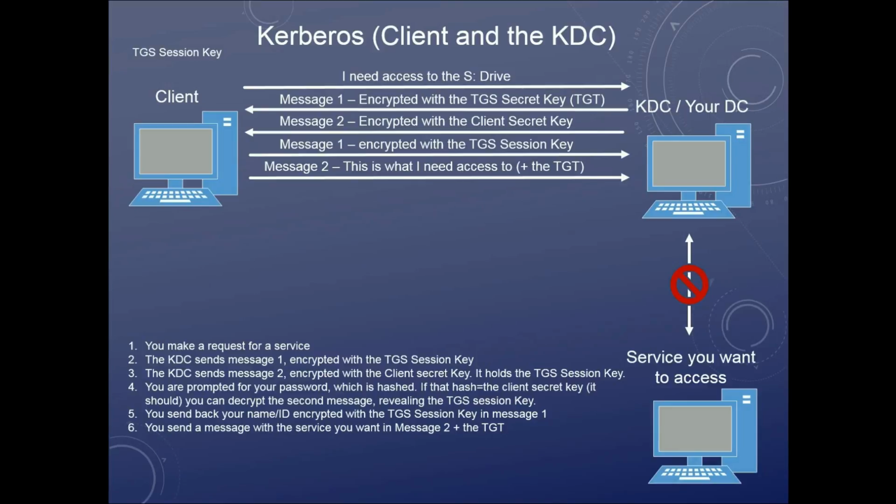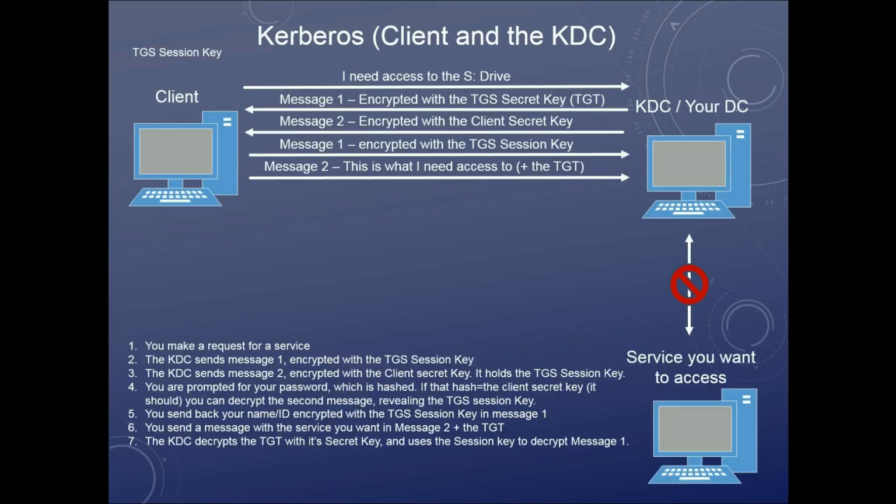Okay. Now, what's going to happen here is the KDC is going to check to see if whatever service you're asking for even exists. If it does exist, it will decrypt the TGT with the secret key that it already has.